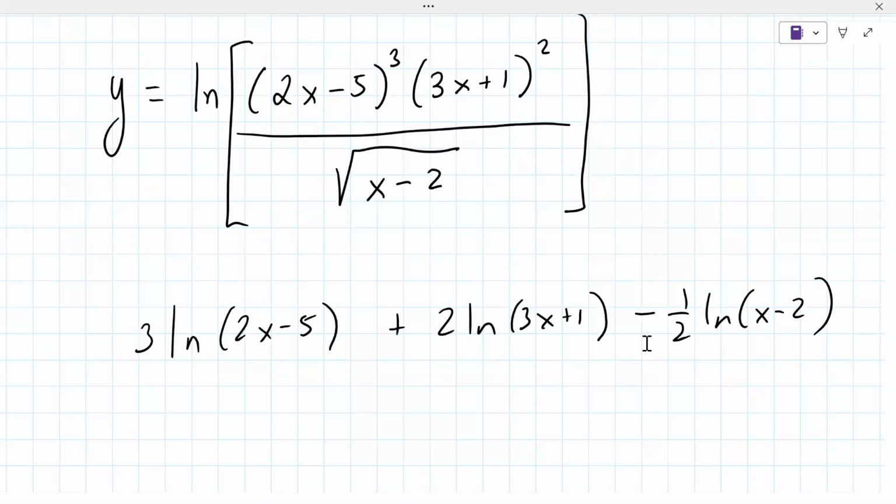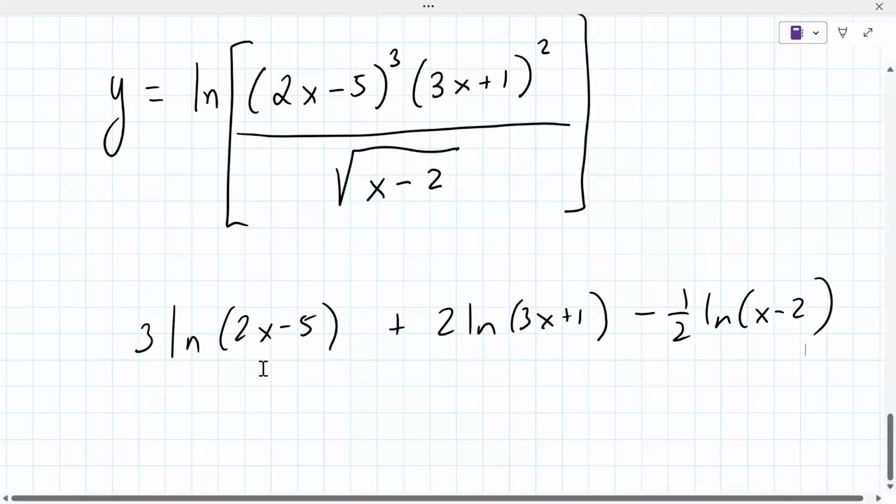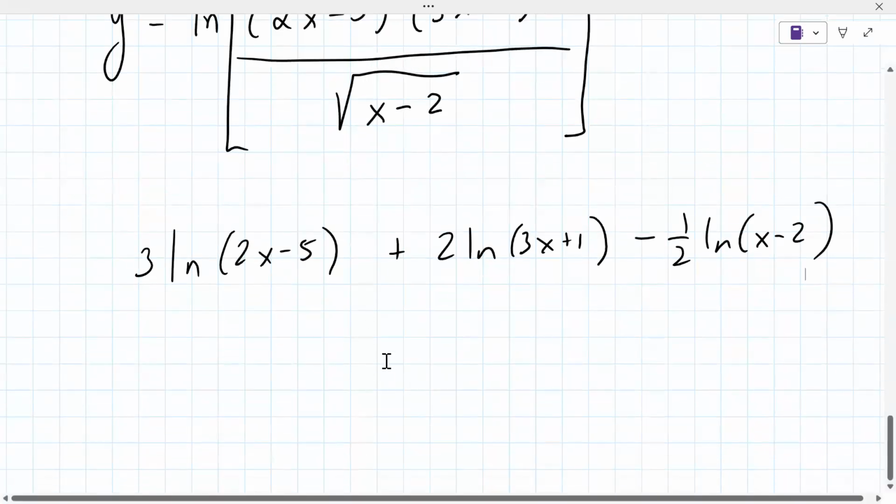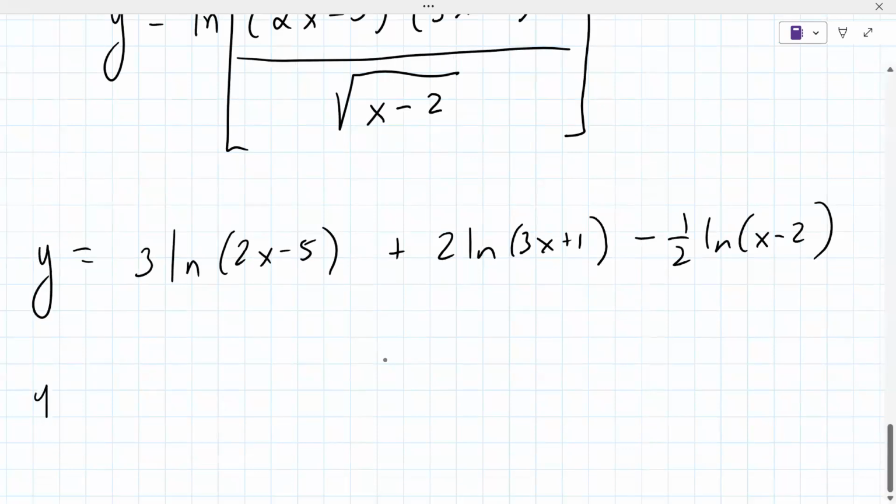Okay, that makes sense. And then I find the derivative of that, right? Yes. Could you take a derivative of this and let me know what you come up with, please?